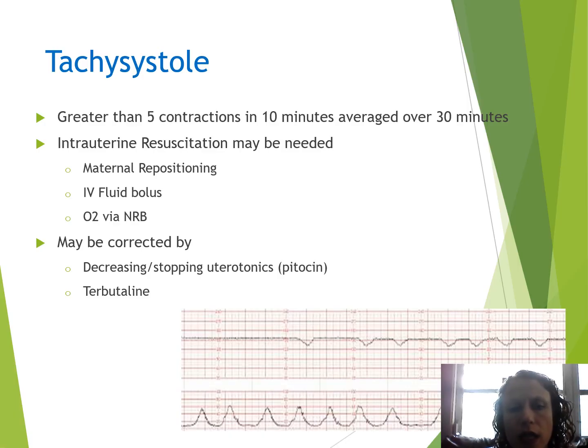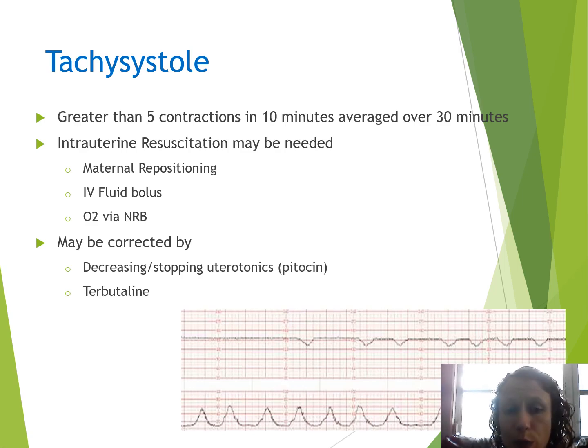When we have tachysystole, I'm going to skip ahead a little bit. It says may be corrected by, so that's really our first intervention, is decreasing or stopping oxytocin if we're causing the contractions. Another option might be one of the tocolytics, but the most typical one you'll see is what's mentioned there, terbutaline is the one you'll most likely see. And then the other parts that we might do, especially if we start to see effects to baby, are intrauterine resuscitation.